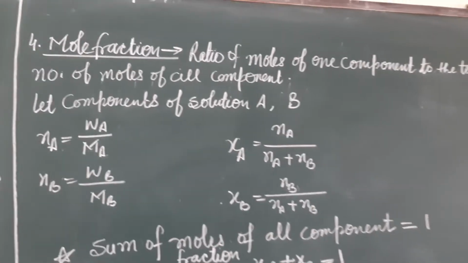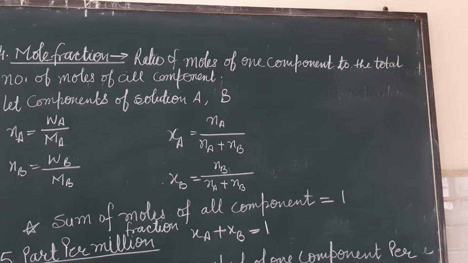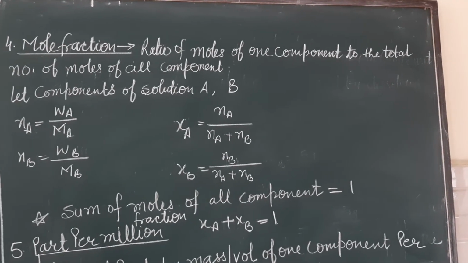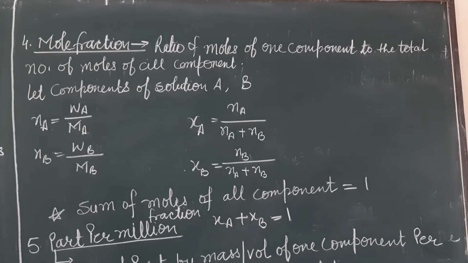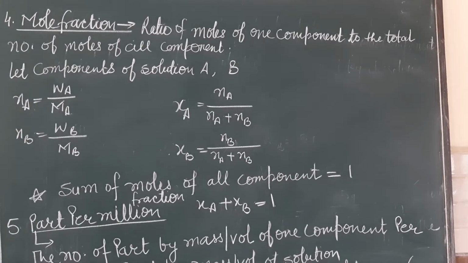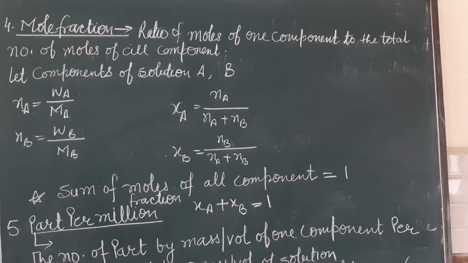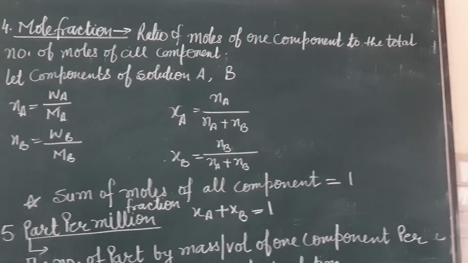Now what is mole fraction? Mole fraction is the ratio between the moles of one component to the total number of moles of the solution, that is, the total number of moles of all components that are present in the solution.